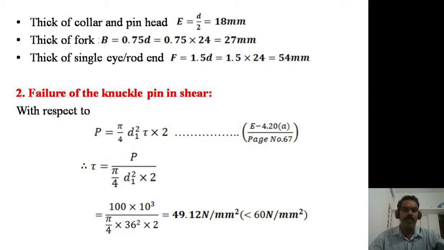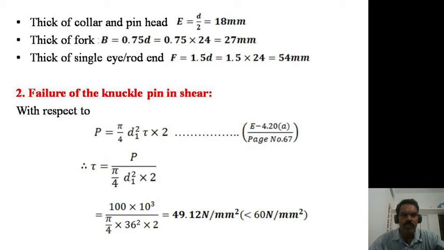So now E completes. Next, thickness of the fork, denoted by capital B. That should be equal to 0.75d, because this is the empirical formula available in DDHB. Therefore 0.75 into small d. Small d is actually 36, but it is wrongly printed.